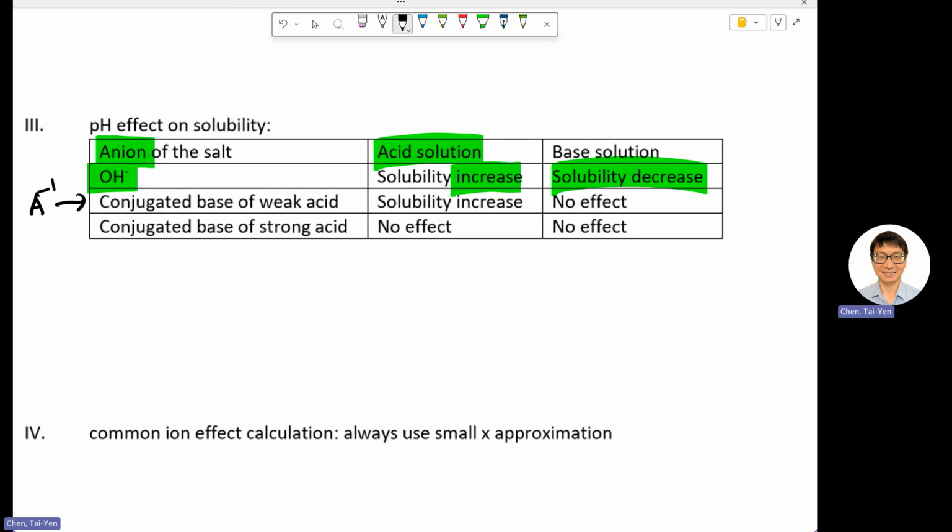Therefore, the solubility will increase as well. But if you put it into a basic solution, your OH minus doesn't really interact with your A minus, so it doesn't have much effect.